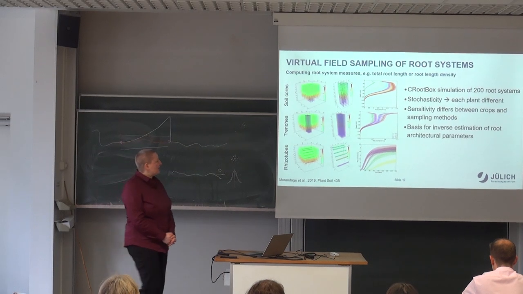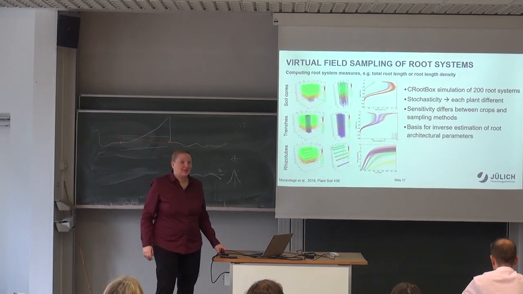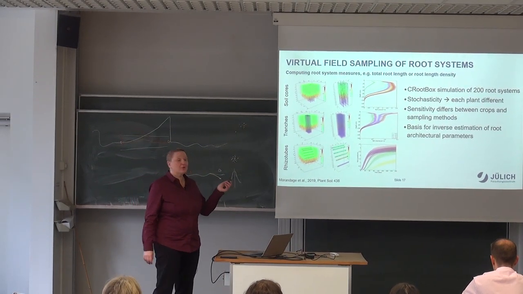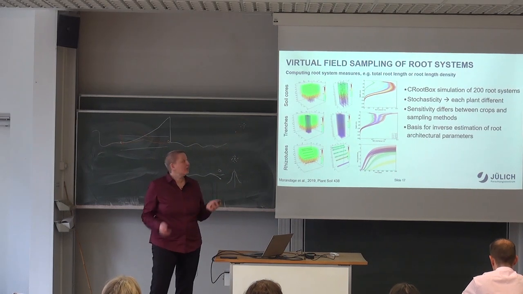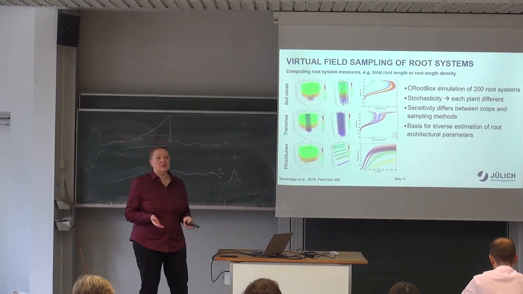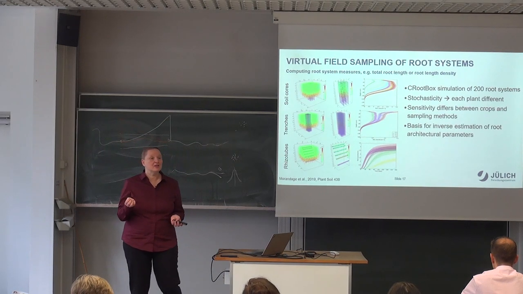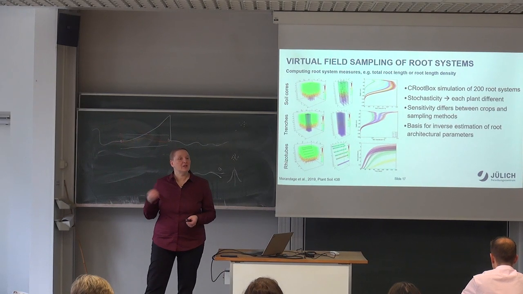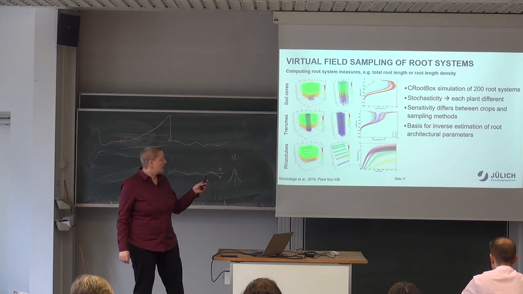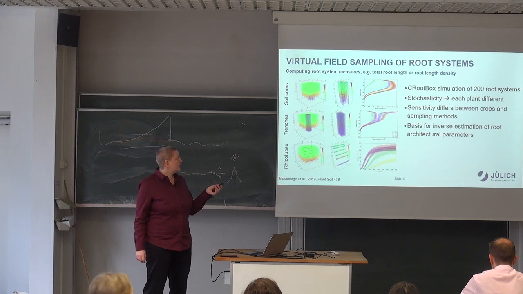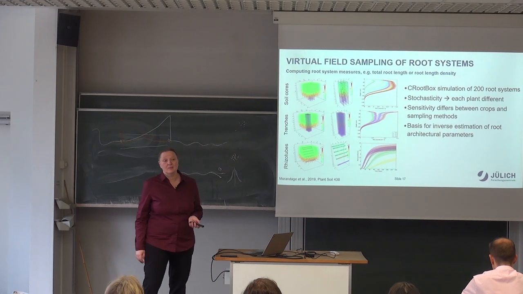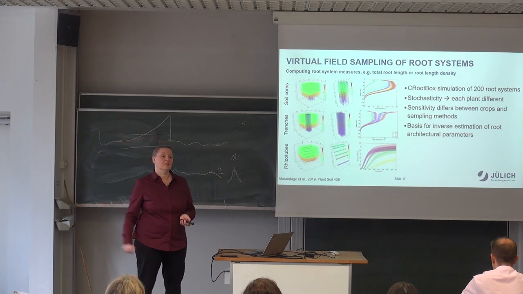What it can help you with is to design your sampling scheme, for example. We can say, okay, we need 10 soil cores or maybe 50 soil cores. We can tell what variation we get, and whether the model represents the field data, or vice versa.